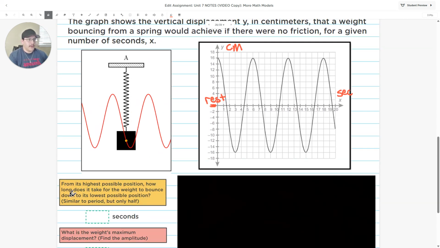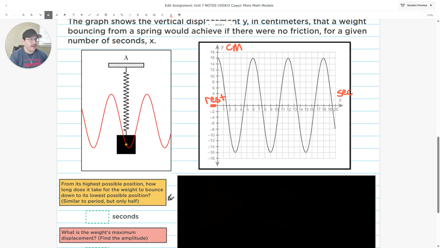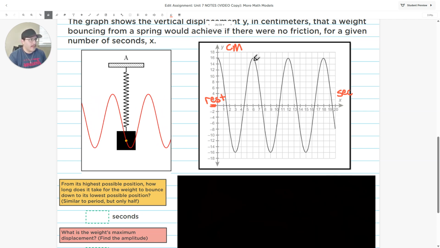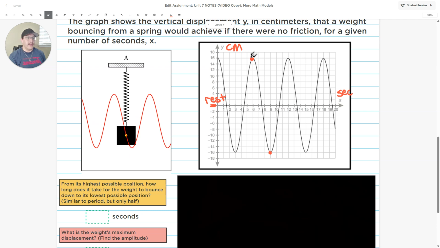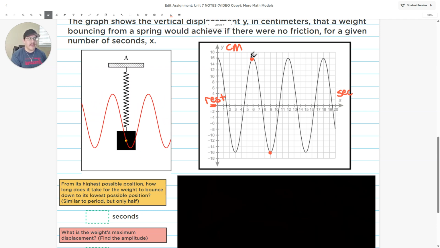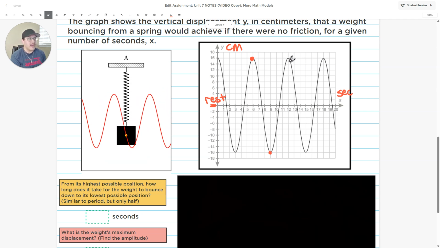Now, first question: from its highest possible position, how long does it take for the weight to bounce down to its lowest possible position? So we want to figure out from the highest part to the lowest part how long it takes, how many seconds. It's like finding the period, except we're only going halfway instead of from one peak to the other.